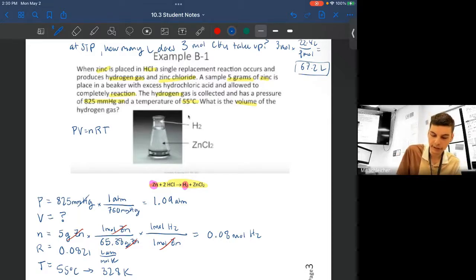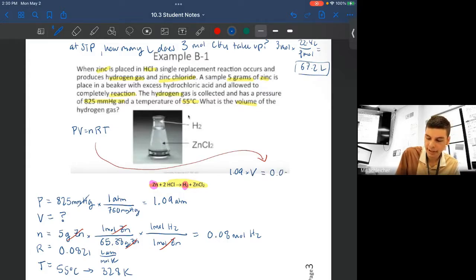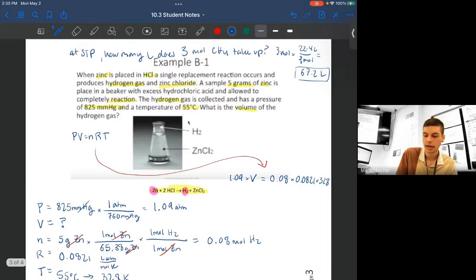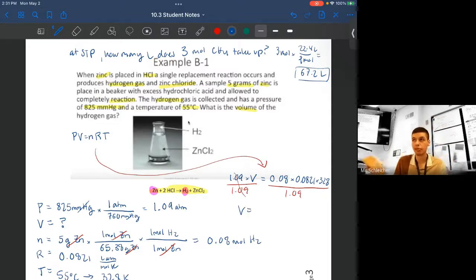Okay, we have all our numbers. Let's go ahead and plug it into our equation. Our pressure is 1.09 atmospheres. Our volume is unknown. Our moles of gas is 0.08 moles. Constant is 0.0821. And our temperature is 328. So I can basically solve for V by dividing both sides by 1.09. And my final volume, I can plug that into my calculator all at once: 0.08 times 0.0821 times 328 divided by 1.09.